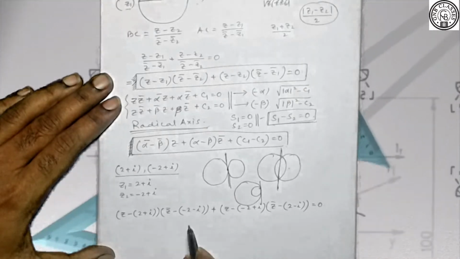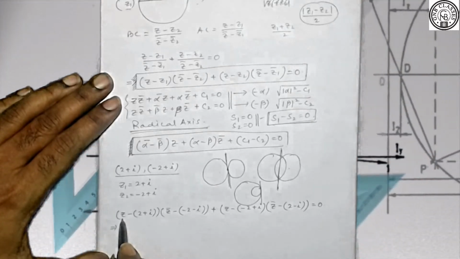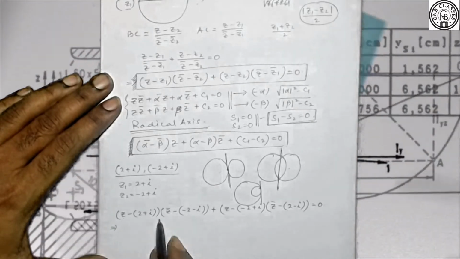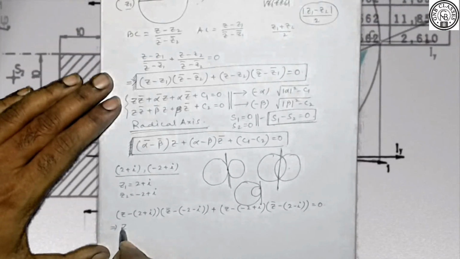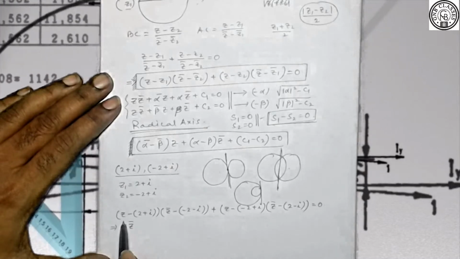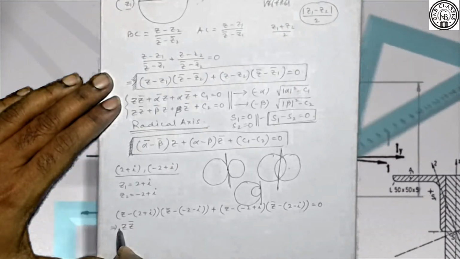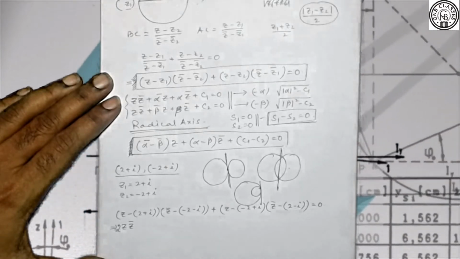Is it clear? Let us open the brackets. We get z z bar, which you can write as mod z square also. We get z bar from here and z bar from here also, so it will be 2 times z bar.